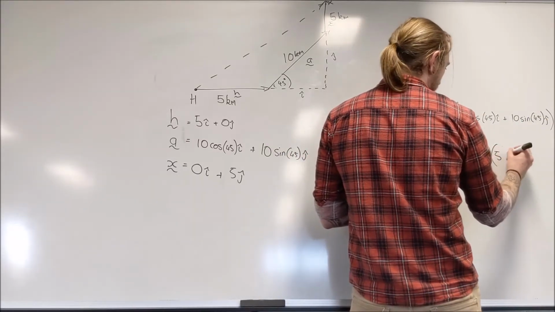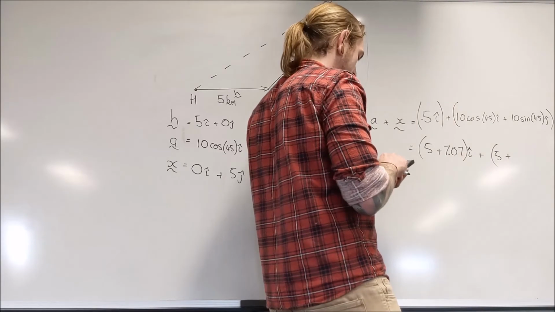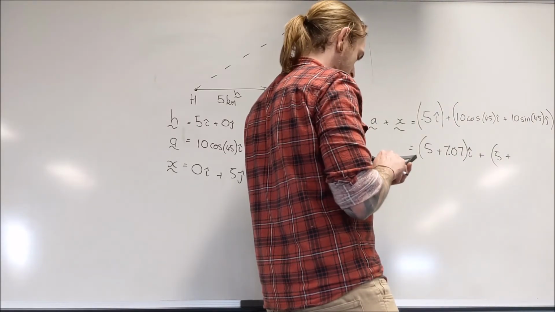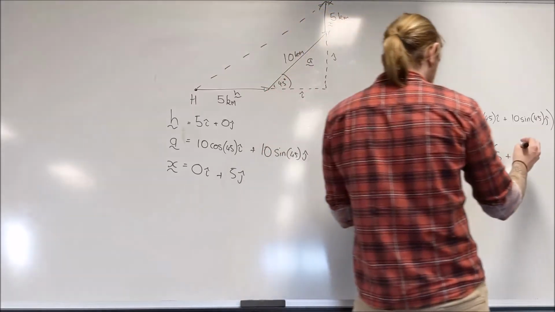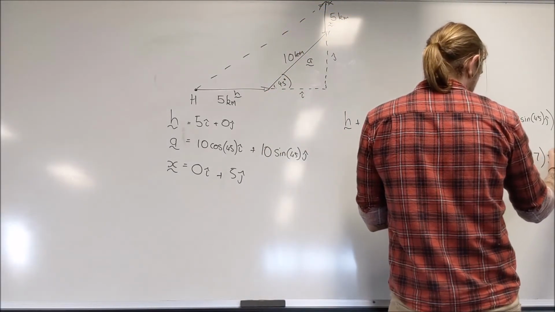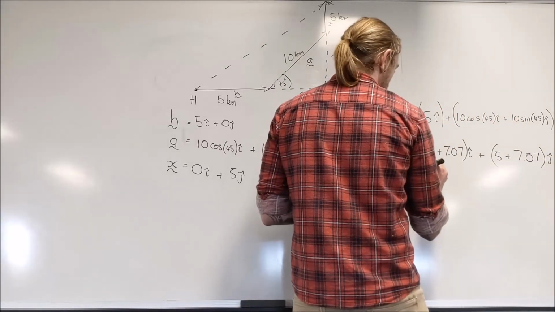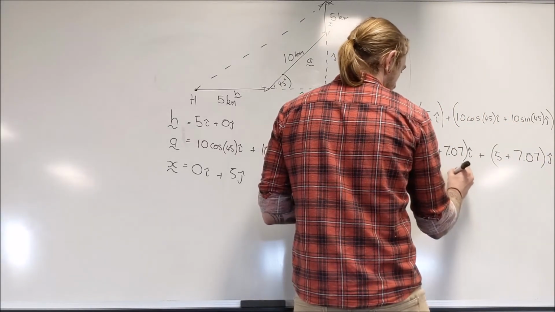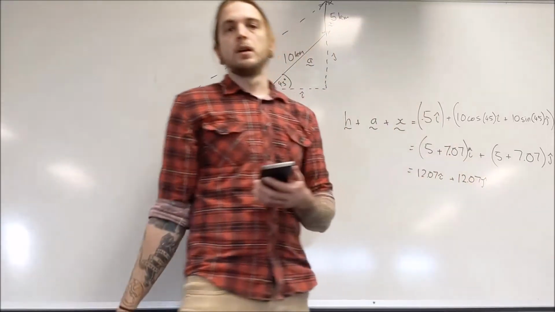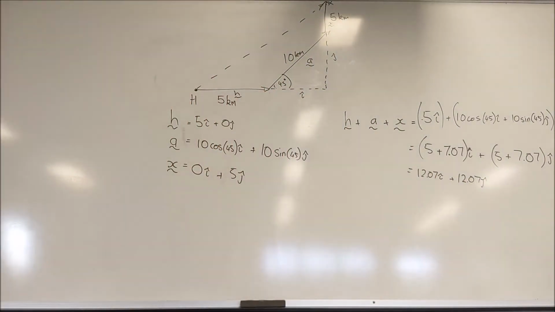And then I'm going to have 5 plus, I'm pretty sure the sine actually comes out to be the exact same thing, with some rounding, 7.07j. 12.07i plus 12.07j. And that would be the position vector for h to x.